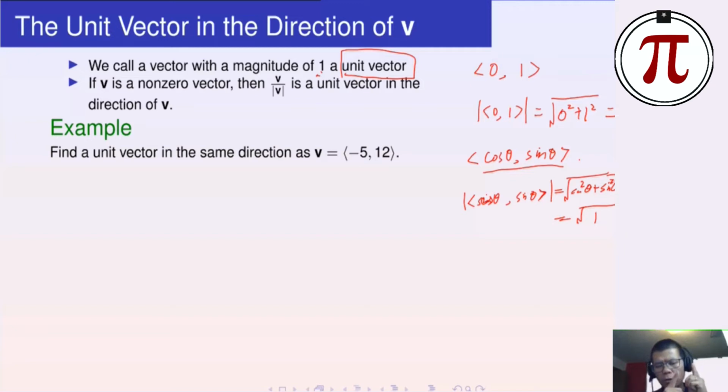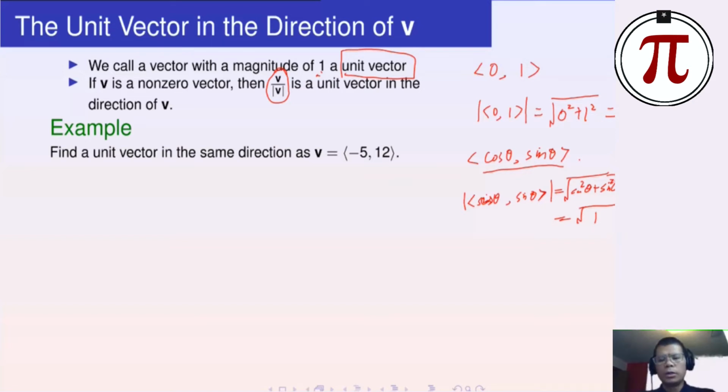If this vector v is a non-zero vector, then the ratio v over the magnitude of v is a unit vector in the direction of v.